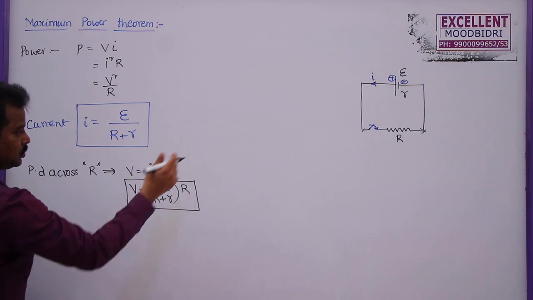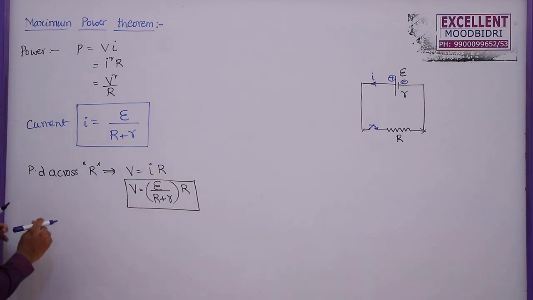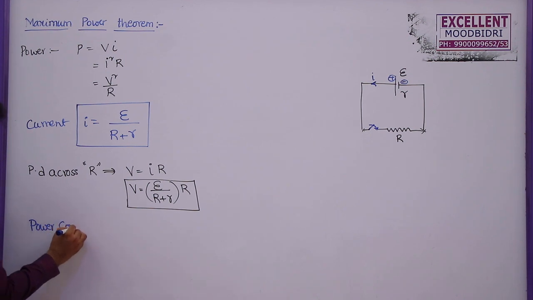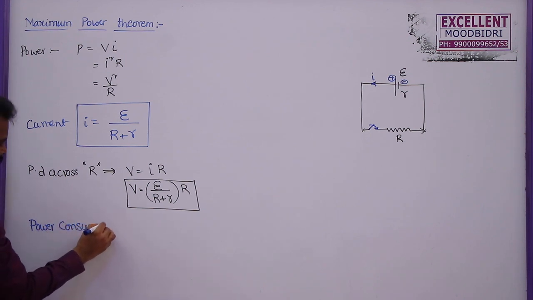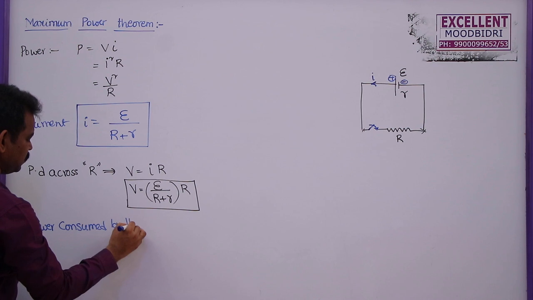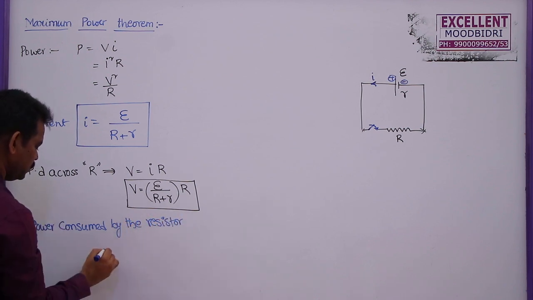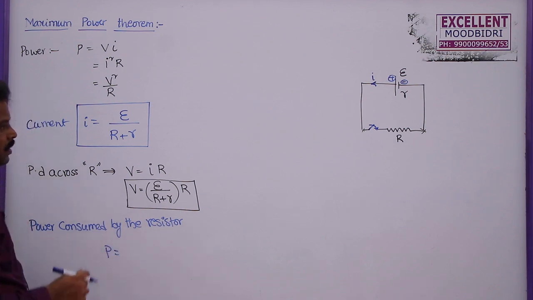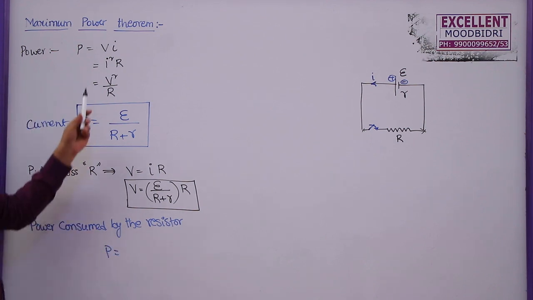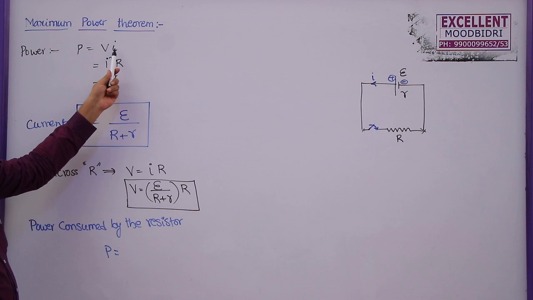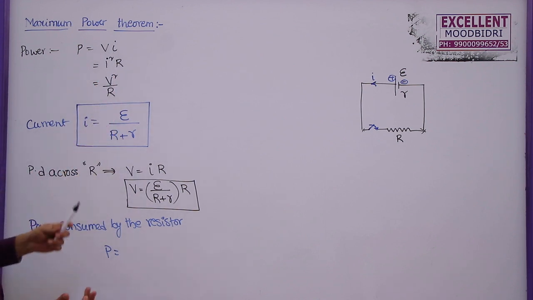What is the power consumed by this resistor? Now, the power consumed by the resistor P is given by the product of I square into R, the product of voltage into current, or V square by R, any one you can write.